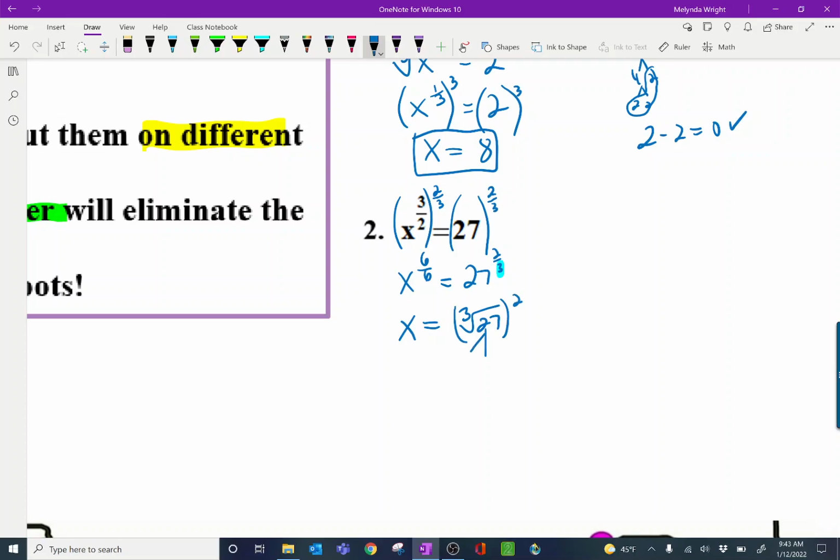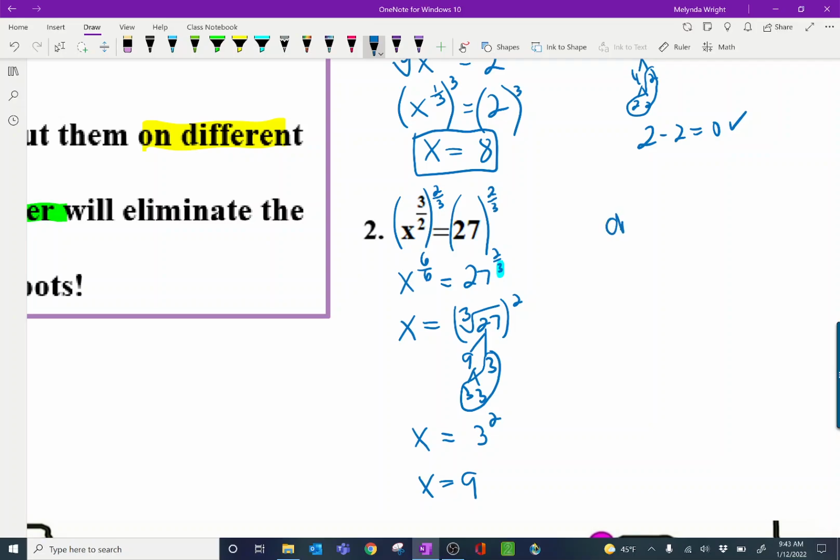Okay, so we do a factor tree. Let's see, what is that? That's 9 times 3, 3 times 3, okay, got a group of 3. So then that gives me, we know the cubed root of 27 is 3, and then we square that and we get 9. All right, so let's see if that works.